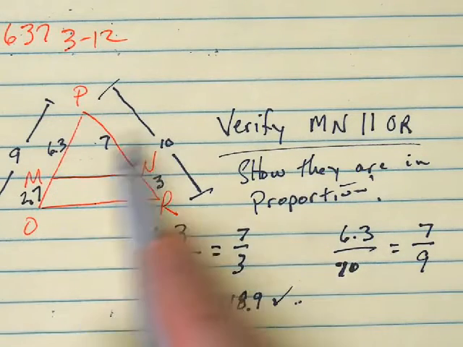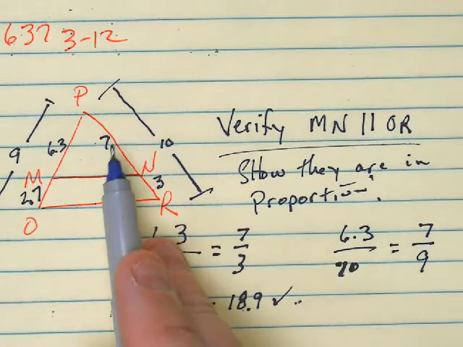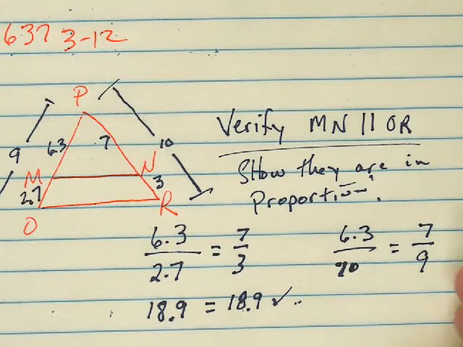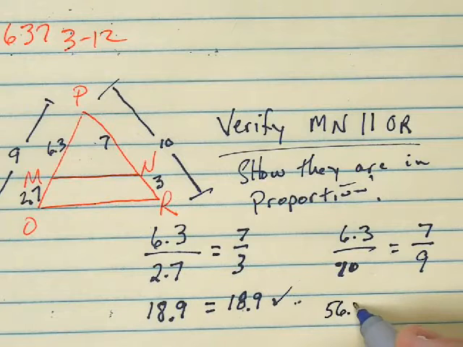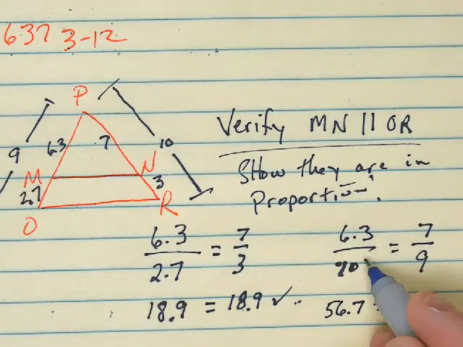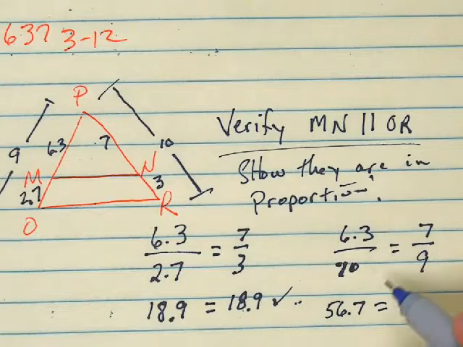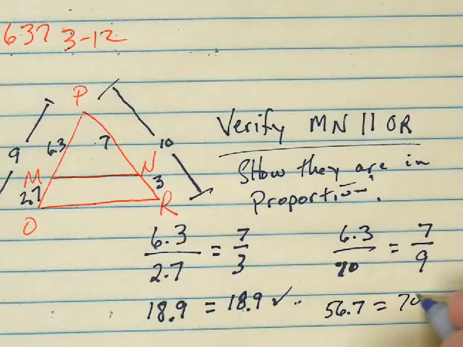That's 6.3 to the opposite side, and then 7 to the... All right, well, let's check. What's 6.3 times 9? And what's 7 times 10? Does that work?